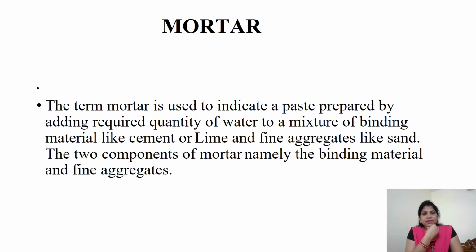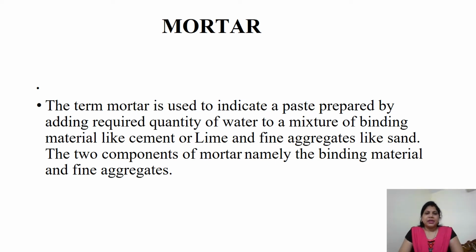The term mortar is used to indicate a paste prepared by adding required quantity of water to a mixture of binding material like your cement or lime and fine aggregate like your sand. So the two main components of mortars are binding material and fine aggregate. Binding material means we can use your cement or lime.